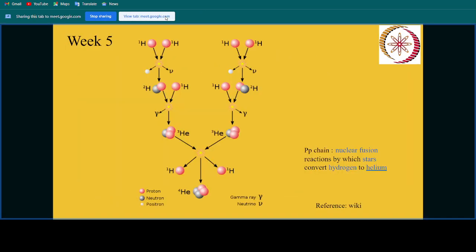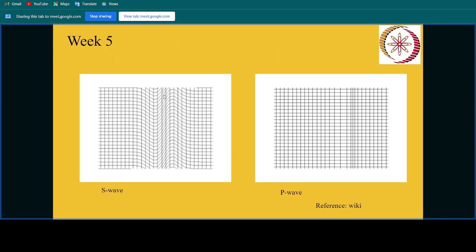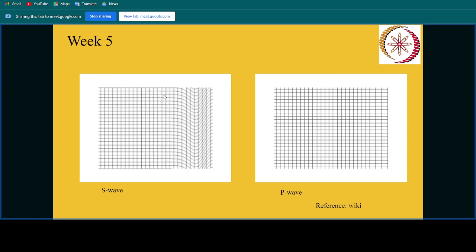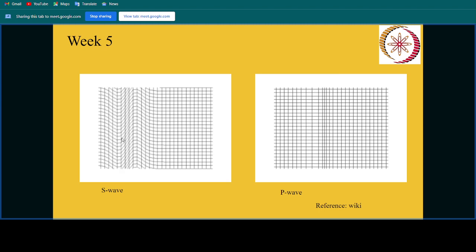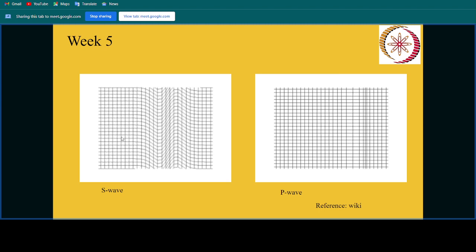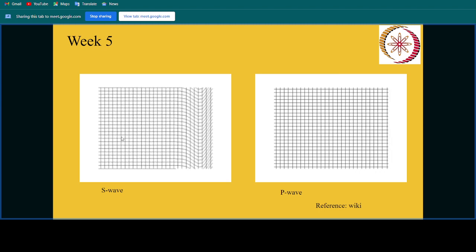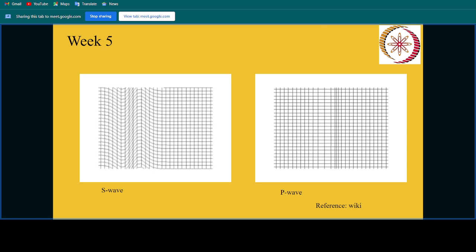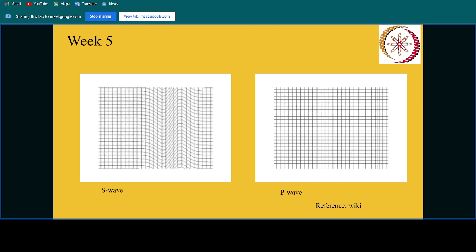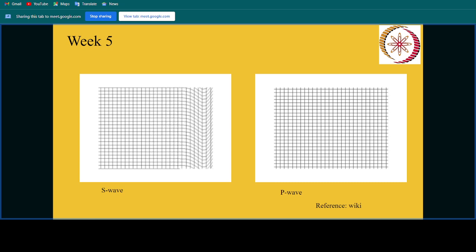Now let me go to this short GIF, which is showing the S wave and P wave. The S wave is nothing but the transverse wave. When it propagates through a medium, it shakes the medium in the direction perpendicular to which it is moving.